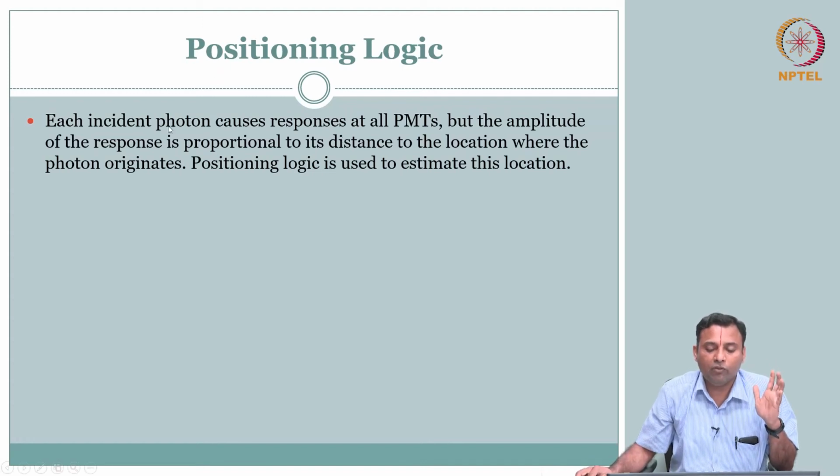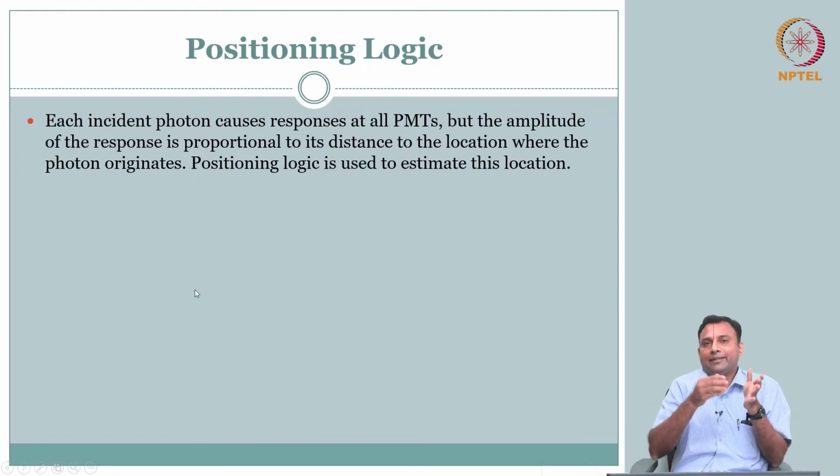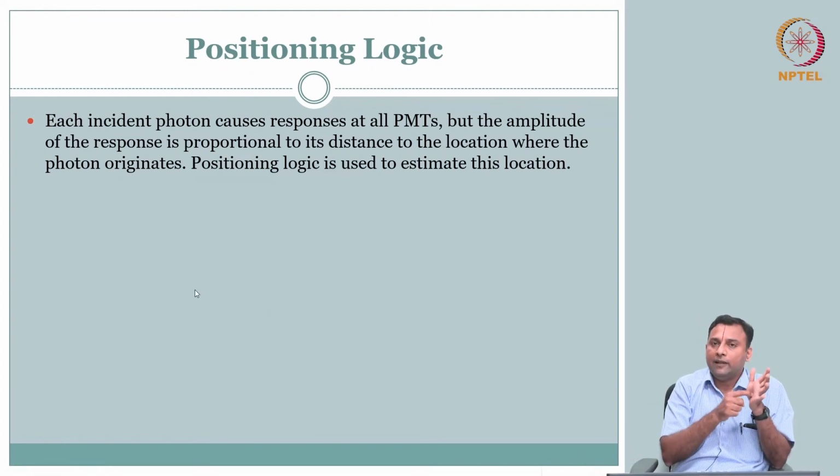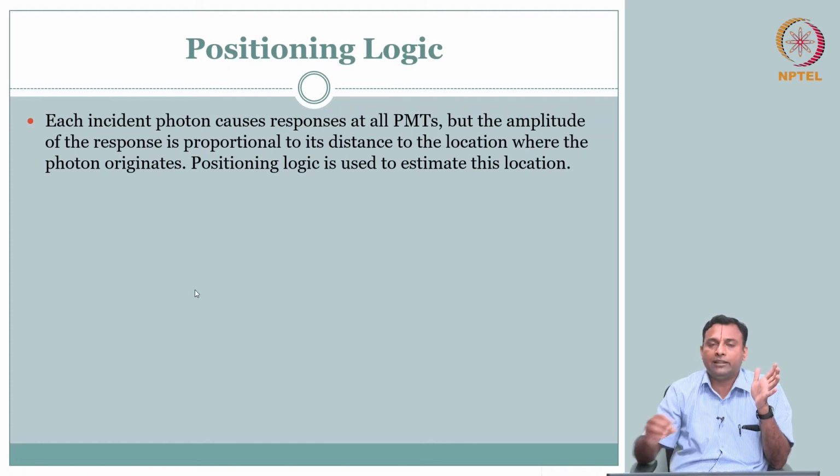So we have what is called positioning logic. Like I said, the easiest position is the photomultiplier tube that contributed the most. That could be the easiest guess, so that's probably the closest one to where the gamma ray came in and the scintillation happened. It is right, but that only gives you a resolution in the order of your photomultiplier tube dimension.